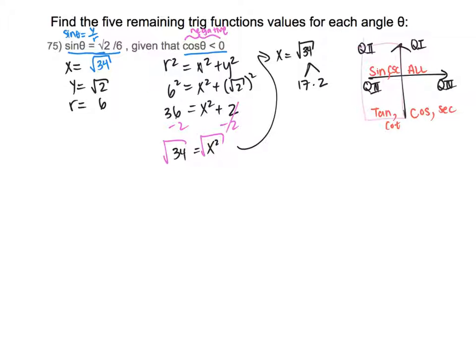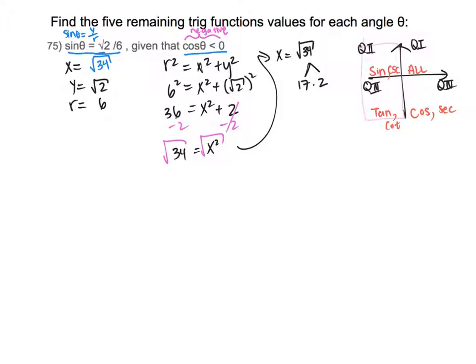So what we have to do is remember that our sine here is positive. So if sine was positive, right, that means that sine is made up of y's. The radius is always positive, but if sine is positive, that means that in this case it had to have been the second quadrant, right? Because in this case sine is positive here.